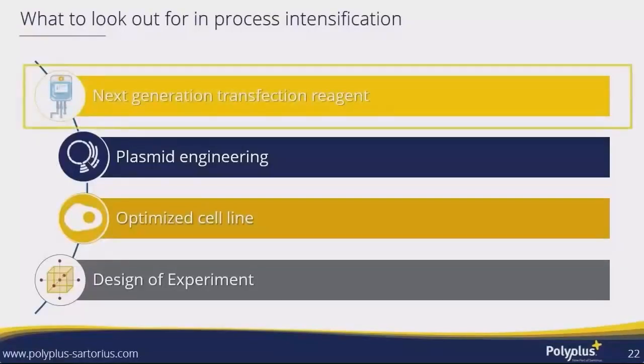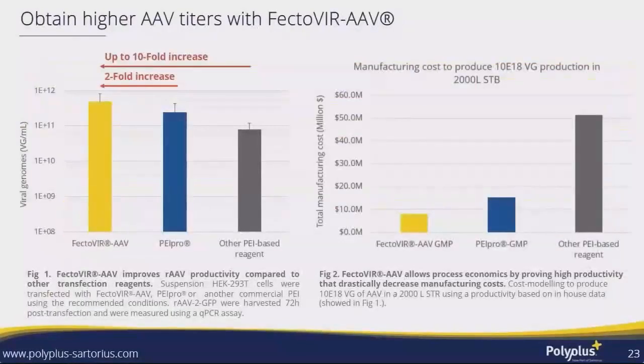First of all, I just want to make a little side step by talking about next generation transfection reagent and presenting VectorV AAV. So how VectorV AAV, when it hit the market in 2020, did help improve the capacity in terms of AAV production.